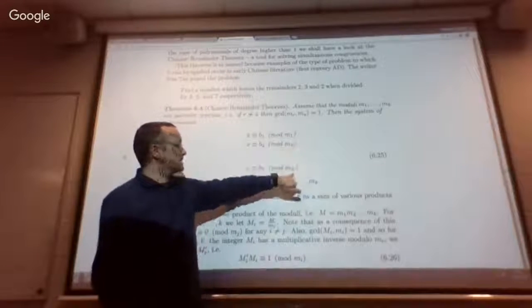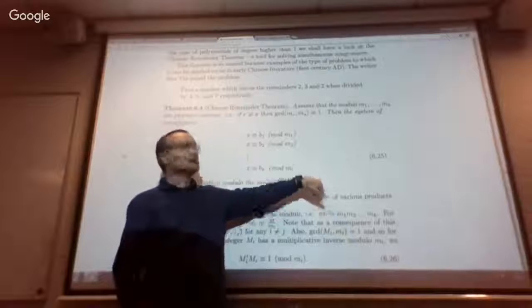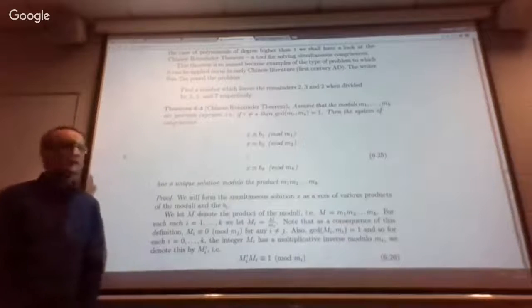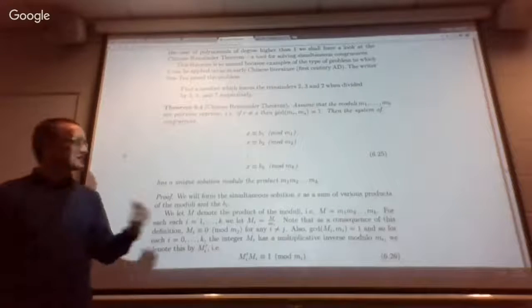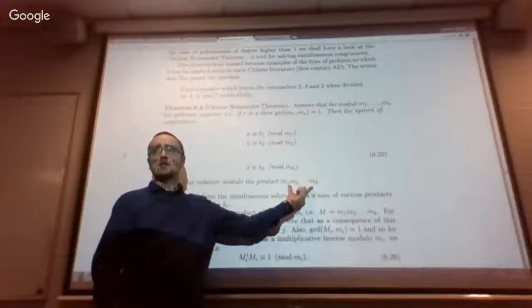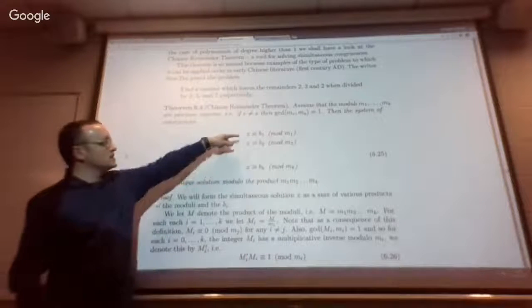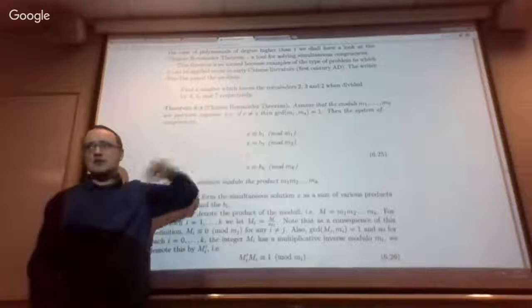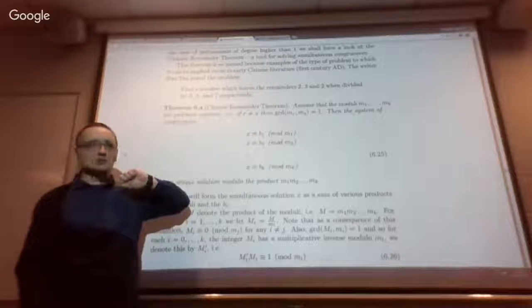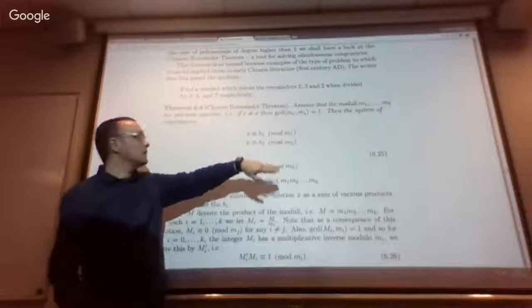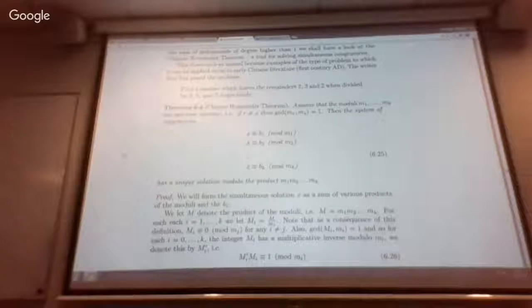When you multiply all the moduli together, you get some big number, and there'll be one unique congruence class modulo this big modulus which simultaneously solves all of these congruences. So it simultaneously is congruent to B1 modulo M1, B2 modulo M2, and so on.